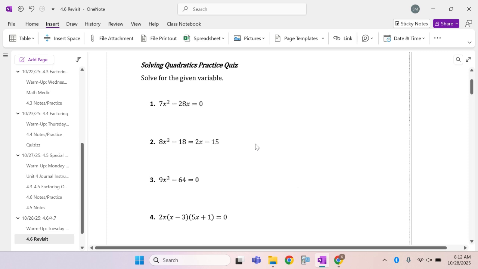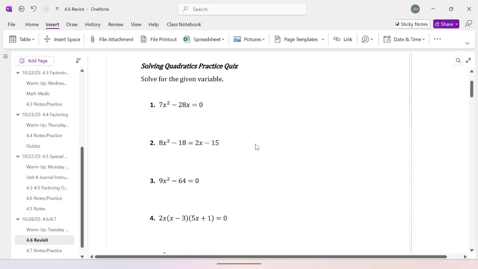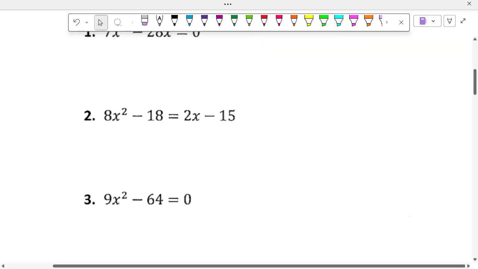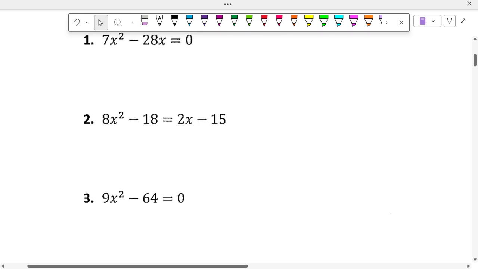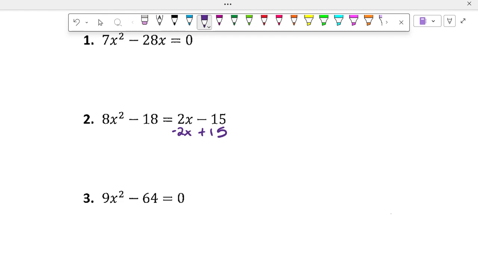I'll do number 2 and number 3. So number 2, first off, when we're solving a quadratic by factoring, we have to get one side equal to what? 0. So I need to subtract one side, or inverse operations really, because you'll subtract the 2x, add the 15.